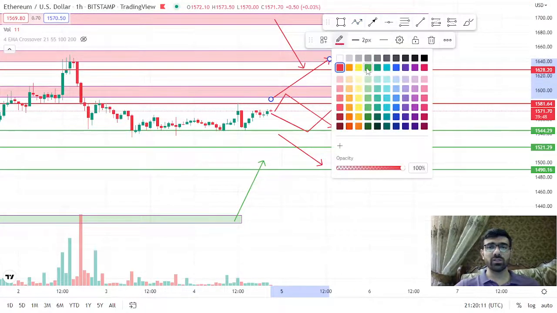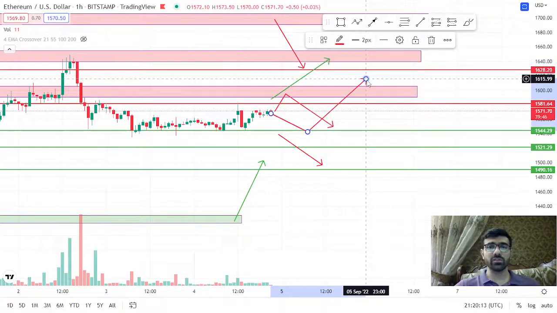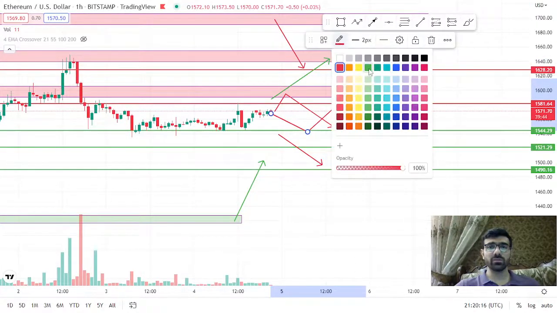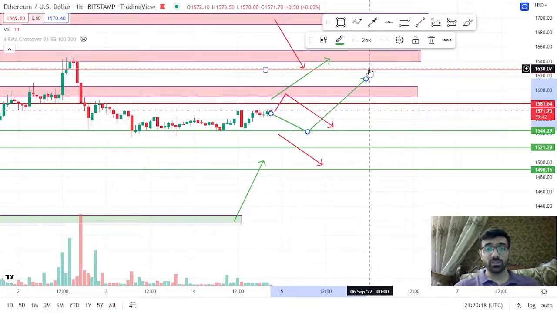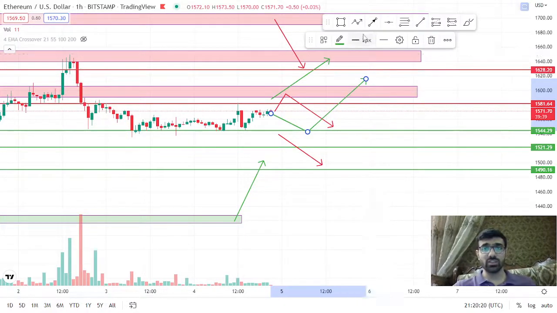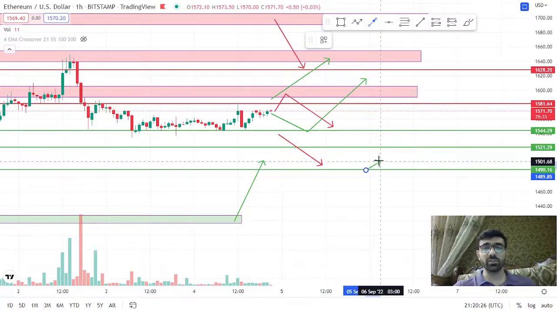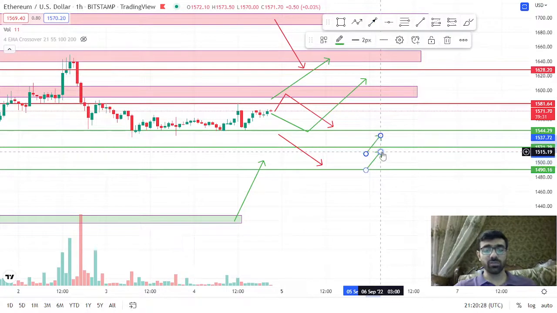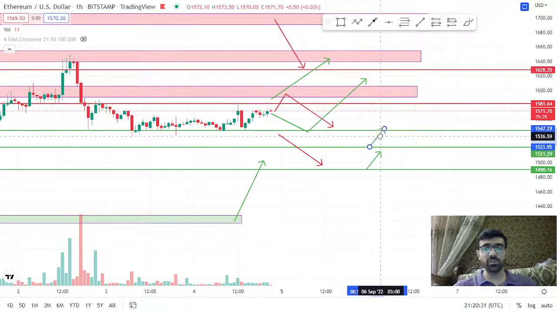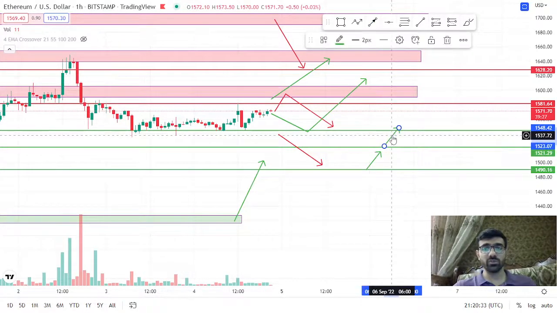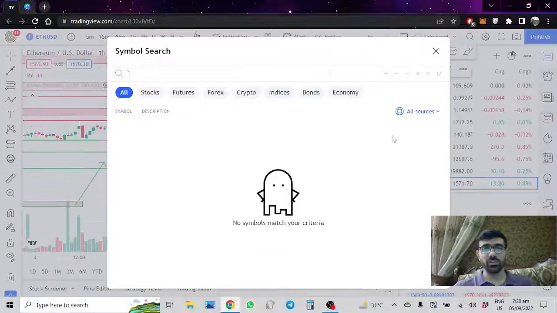So this is a buying setup and this is also a buying setup. And on the other hand, if at any given point of time market tests any of this support area, then market closes above these support zones, then we are going to look for good buying opportunities.